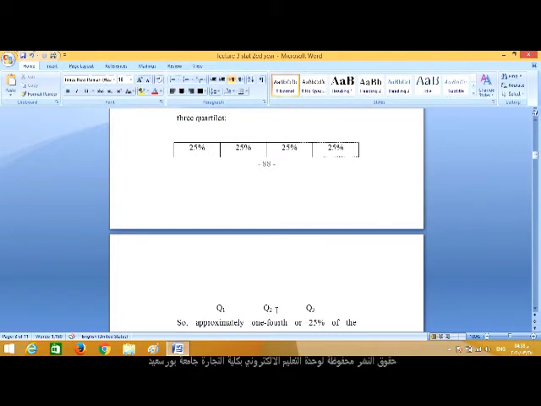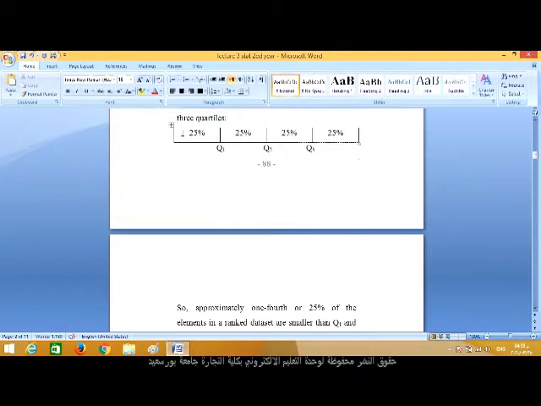Look at this. Here, these three quartiles divide the data set into 4 equal parts. Every part equals 25% of the data set.